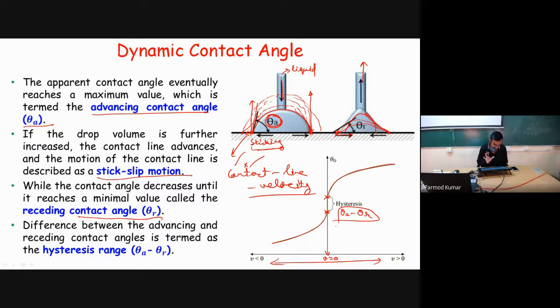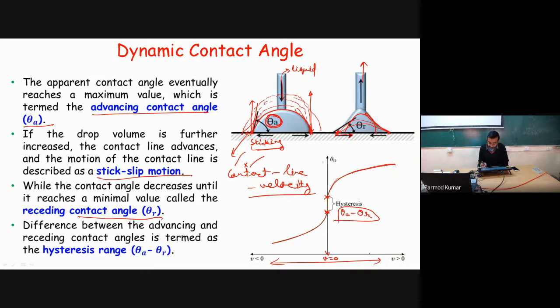From this discussion, we come to know one important point: the angle of the drop motion is a strong function of the contact line velocity. So if the velocity of the contact line is changing while it is moving, the value of the contact angle will also keep changing.